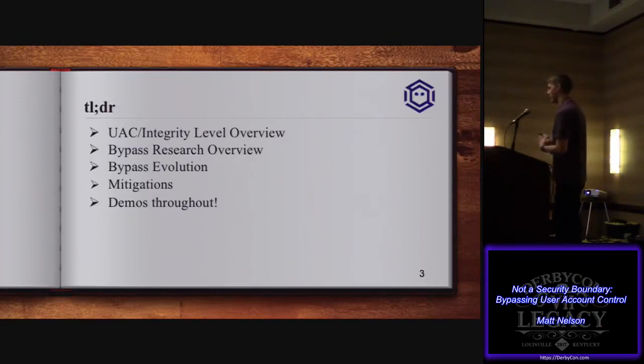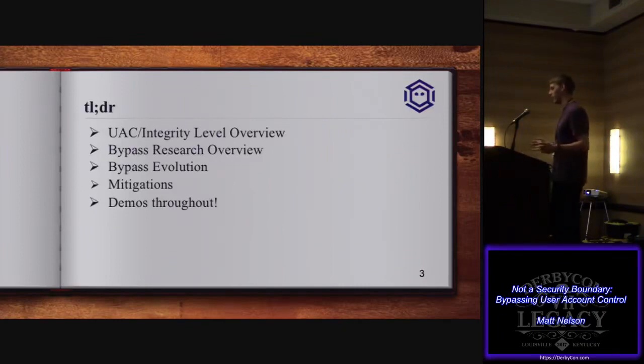So the short version of what I'm going to be talking about today is an overview of UAC and the history of it, going back from its very first birth to now, and how it's evolved, or how bypasses have evolved. So we're going to start talking a little bit about what UAC is, how the integrity level model works. Then we're going to go into the research methodology.